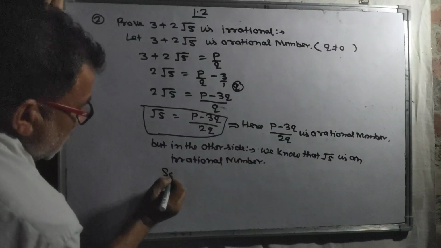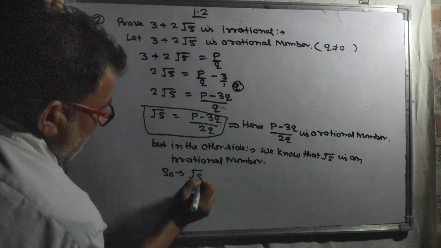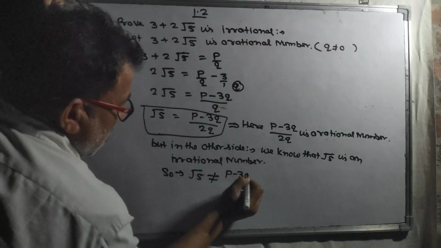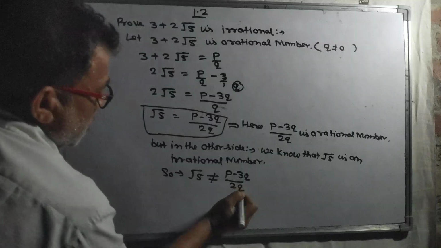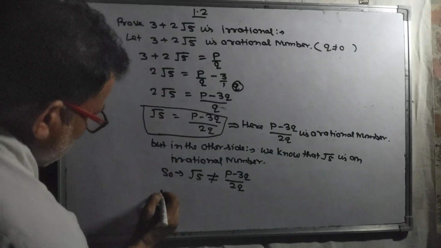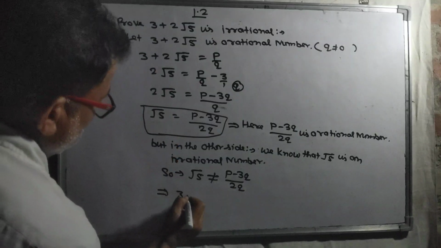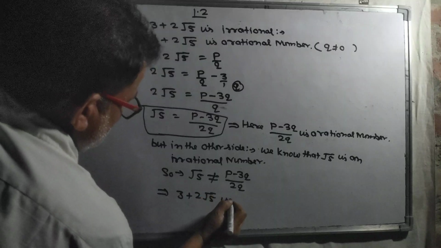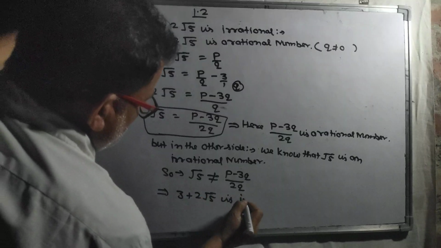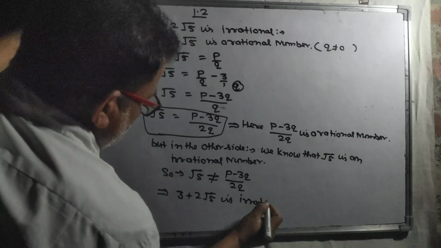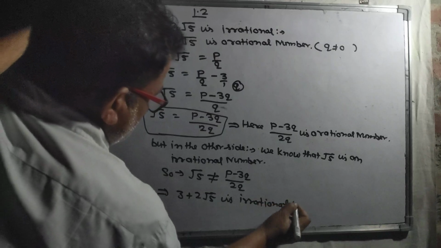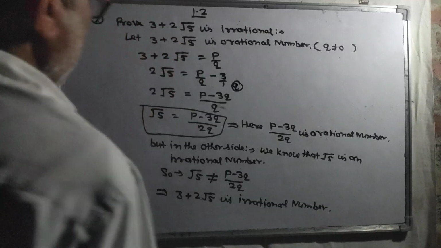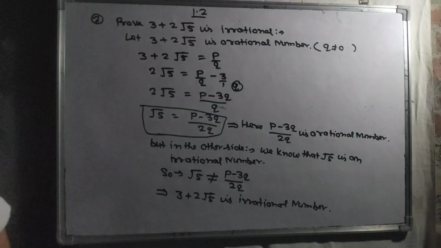So root 5 cannot be equal to (p minus 3q) upon 2q. So 3 plus 2 root 5 is an irrational number. Question finished. Next question.